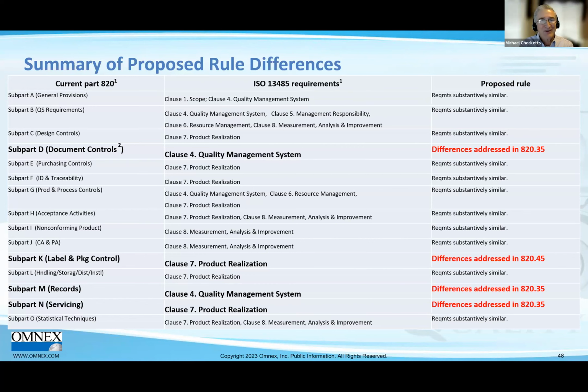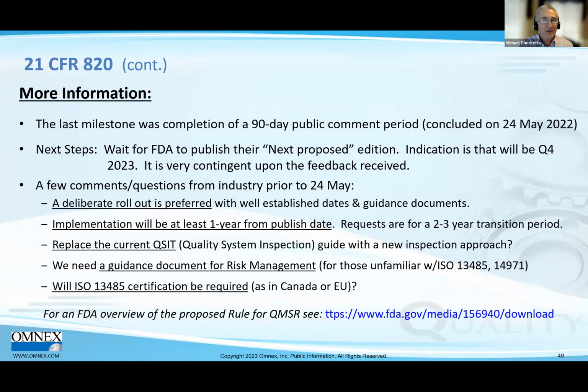The biggest thing right now is a waiting period to get all the changes published in the next proposed edition. We just concluded on 24 May a 90-day public comment period. Now the FDA is dotting I's and crossing T's on that proposed edition.